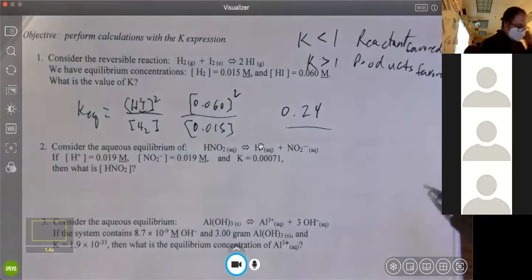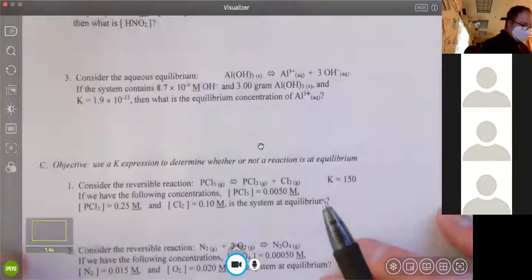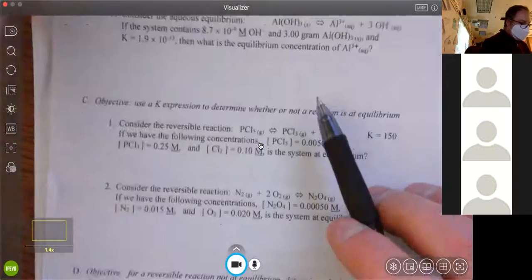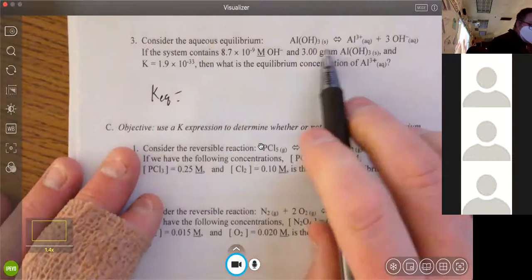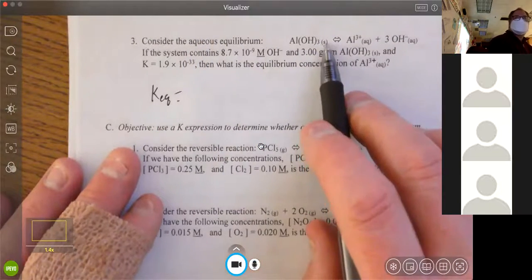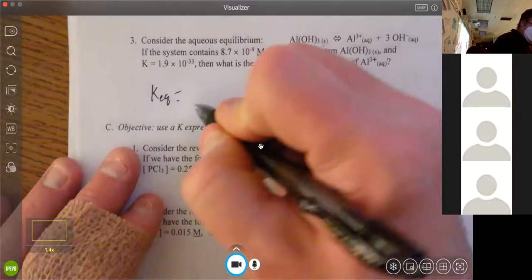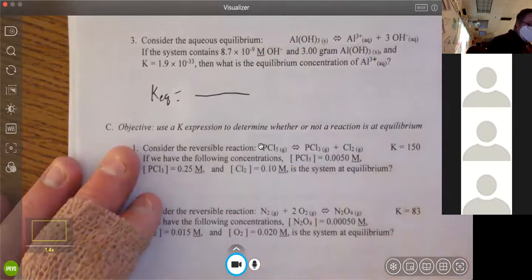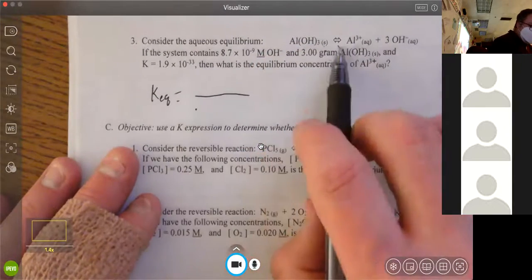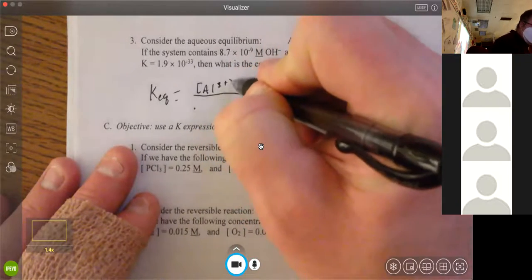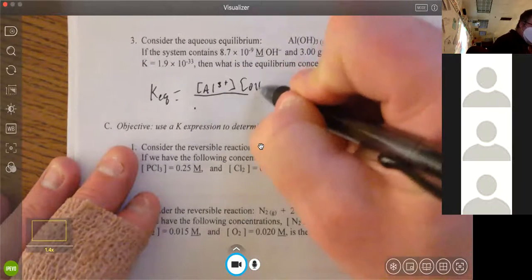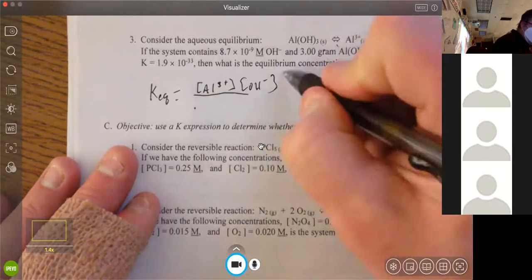All right, let's try another one. Let's try number 3. K sub EQ equals, we have a solid here, so that's going to be 1. I don't even need a line here, because we have Al3+ and OH negative cubed.